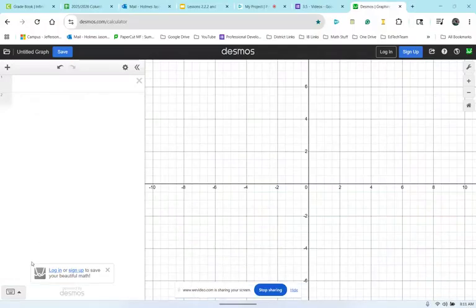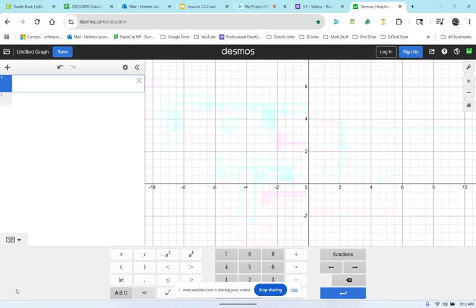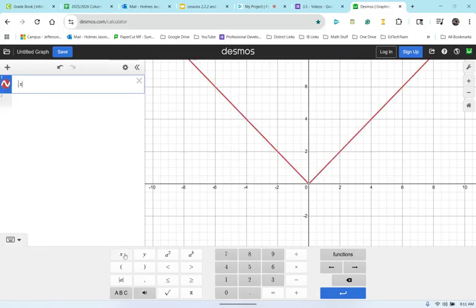In order to use the graphing calculator, you need this little keyboard right here. So we're going to show the keyboard. And then the absolute value, I'm going to hide this for just a second, is over here on the left-hand side, and that puts in the absolute value bar. And then we have x right up here.